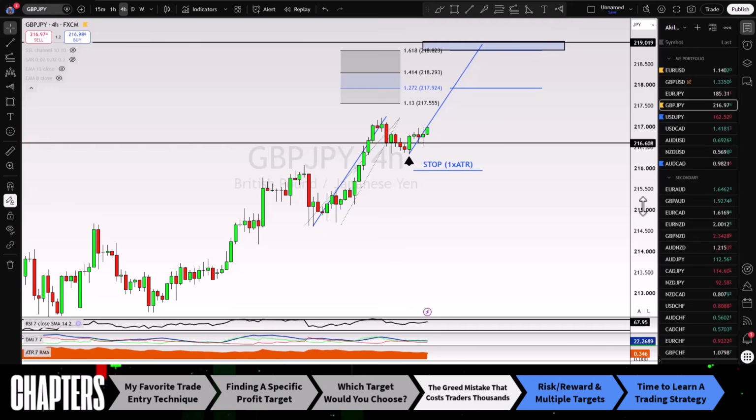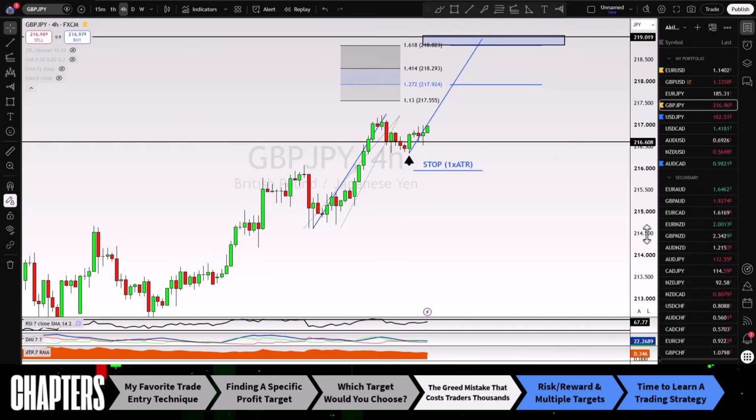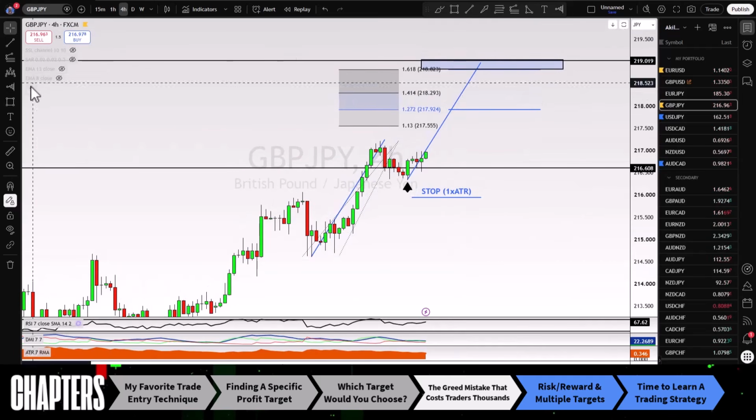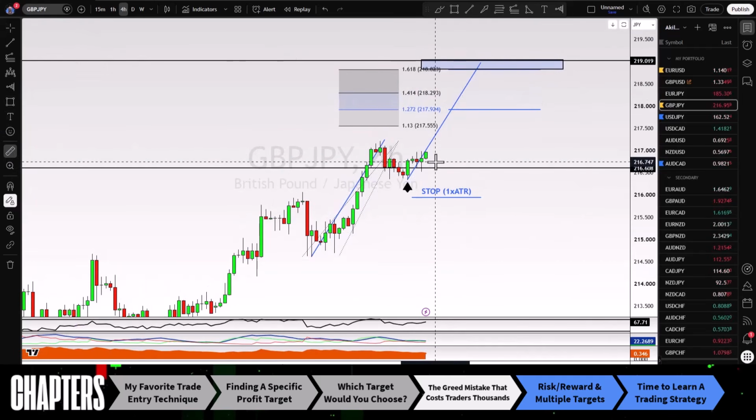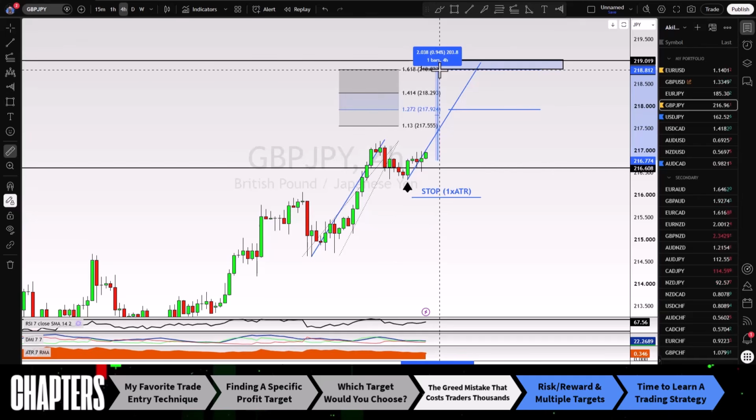So that was the point I was trying to make, where you're looking at a move from here all the way up to 219 even, right? That is 224 pips. Your 1618 is a little bit below that. That's at 203 pips.